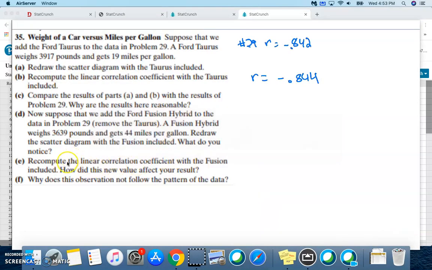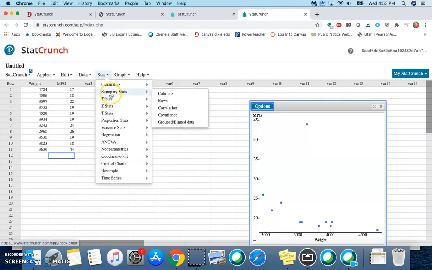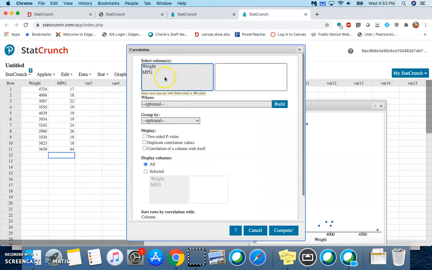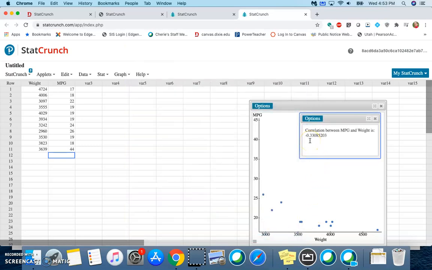So now we want to recompute the linear correlation coefficient with the Ford Fusion. Again, under Stat, Summary Stats, Correlation, grab these two, and notice that our correlation coefficient drops way, way down to negative 0.331.